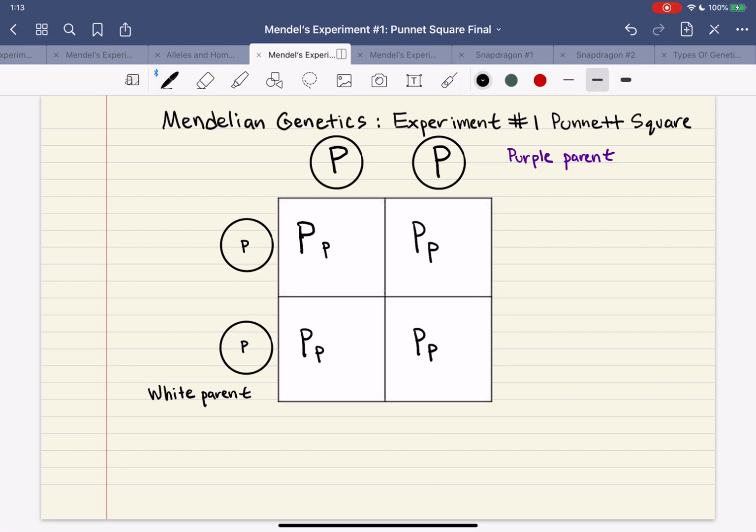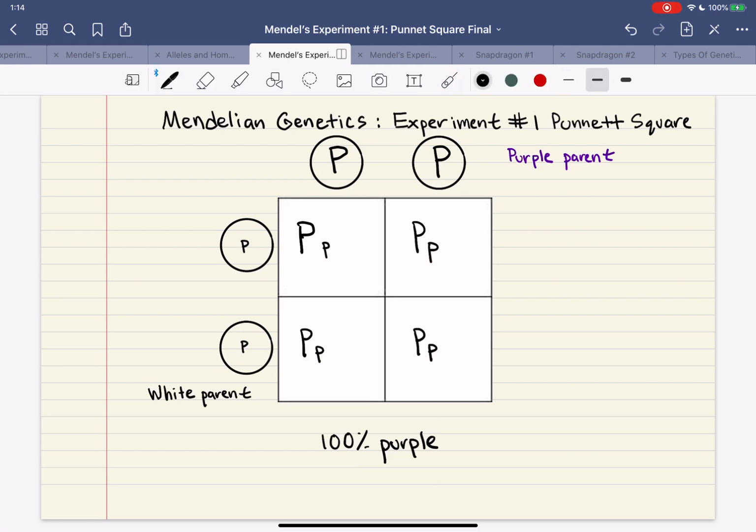Now that should start to make sense why these were 100% purple. Because every one of them has 1 copy of the dominant allele. And that's all you need to be purple. Now, they still have the recessive, but it's getting masked, hidden by the dominant allele. So we can expand on that.